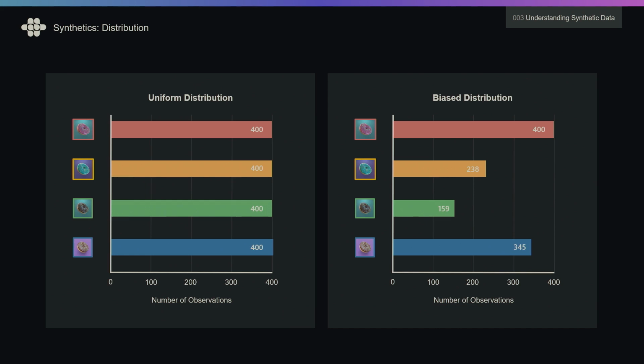In this fictitious case with our donuts, if we were to represent certain types of donuts more commonly in our data set, so in this case, pink frosting with rainbow sprinkles, our model is going to associate those features more strongly with the donut class, and we may end up unintentionally biasing our model.